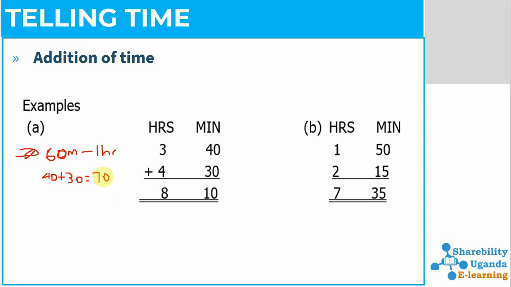So in simple terms, the 70 minutes that we got, 70 minus 60, which is equal to 1 hour. Here we shall be able to get our answer, which is 10.